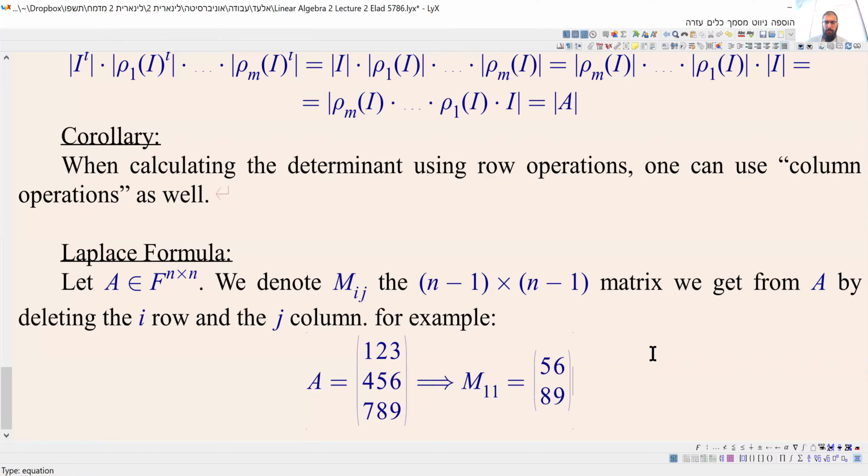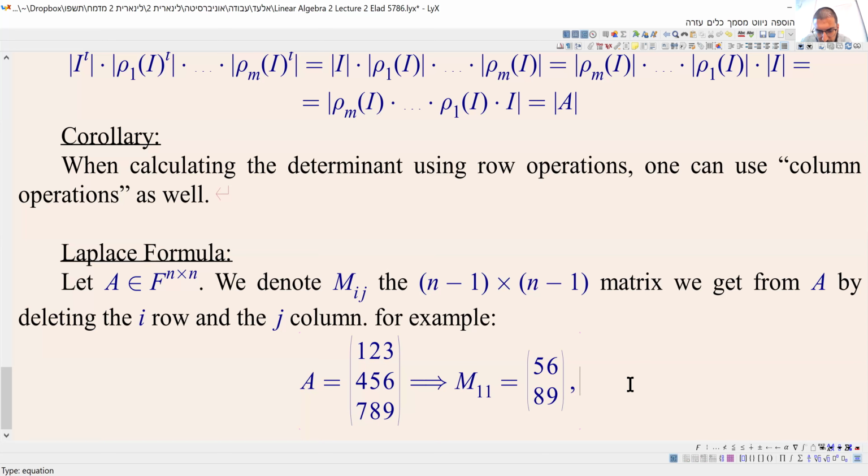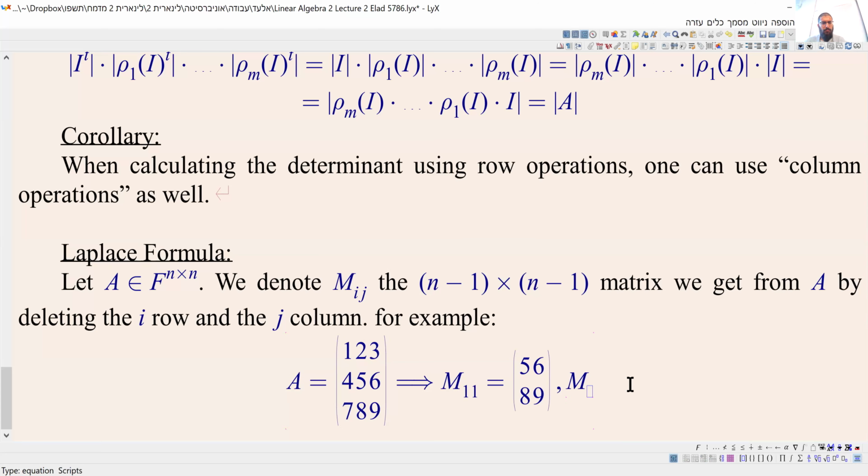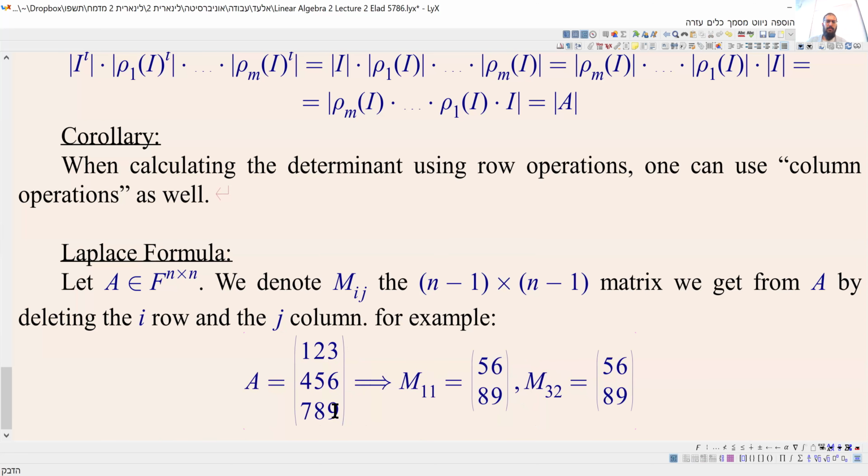Let's have another example. The same matrix A, but we look at M32. You delete the third row and the second column, and you get 1, 3, 4, 6.